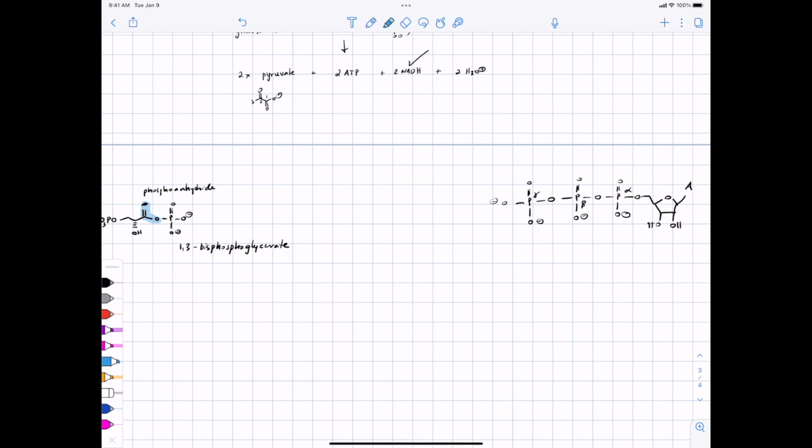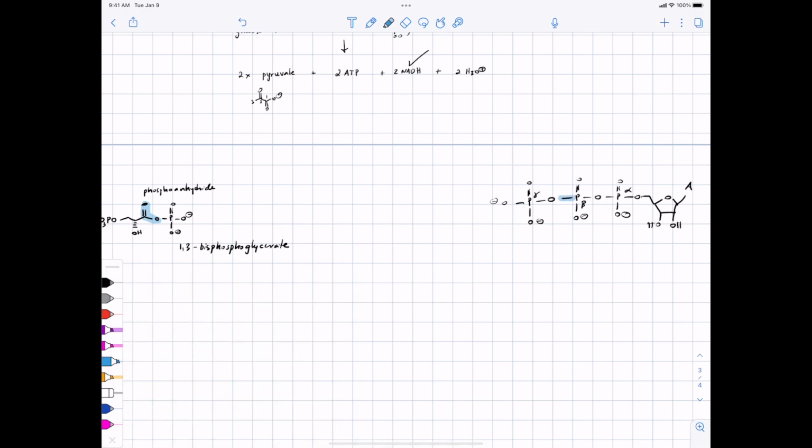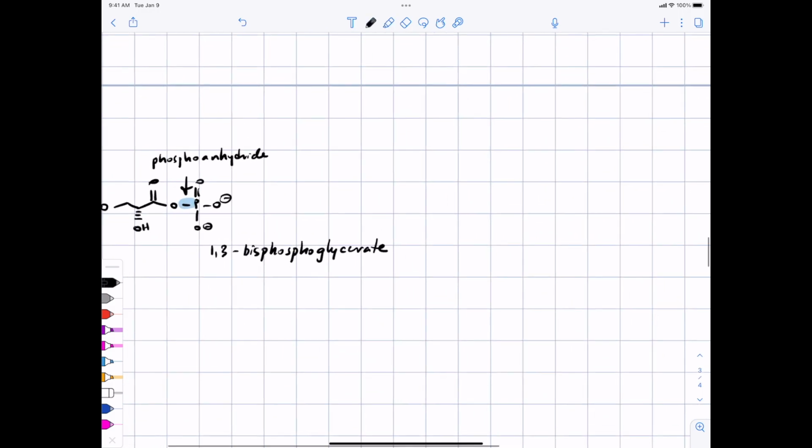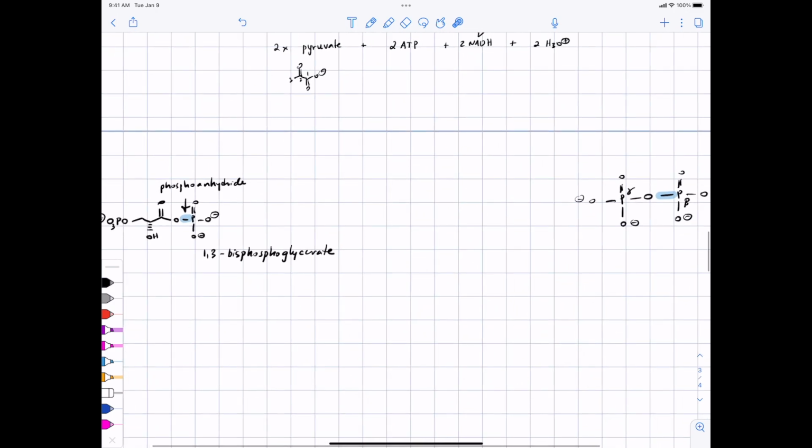This bond here is a phosphoanhydride bond in the same sort of way that this bond is. It's not exactly a phosphoanhydride in the sense that what's here is a carboxylic acid instead of a phosphoric acid, but the bonds are similar in strength.